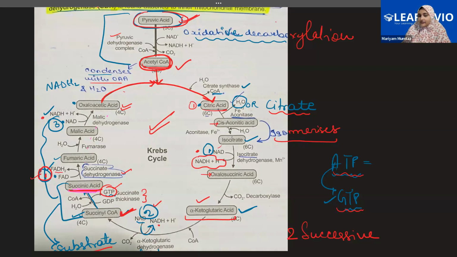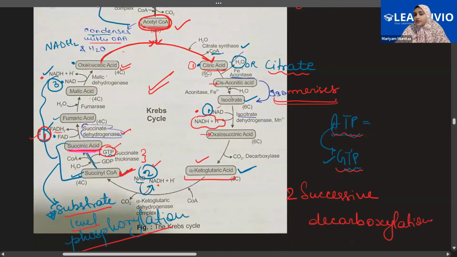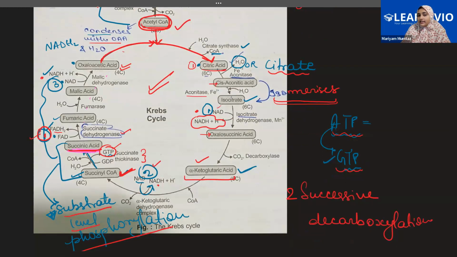Now, from that citric acid, aconitic acid is formed. The citric acid gets converted into aconitic acid by the action of the enzyme aconitase. Then this aconitic acid gets converted into isocitrate. This is like an isomerization reaction wherein it changes into a different form called isocitrate by the action of the enzyme aconitase.